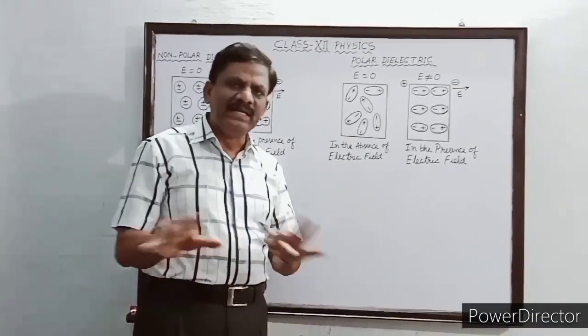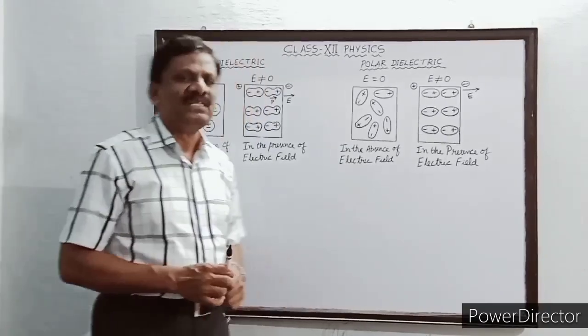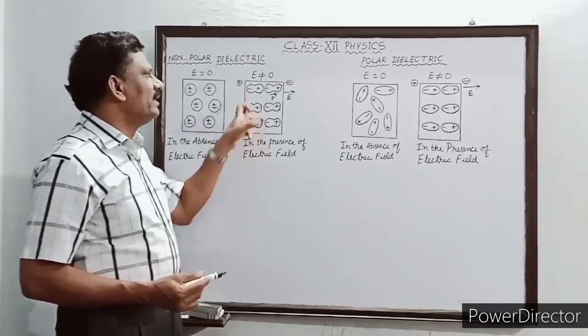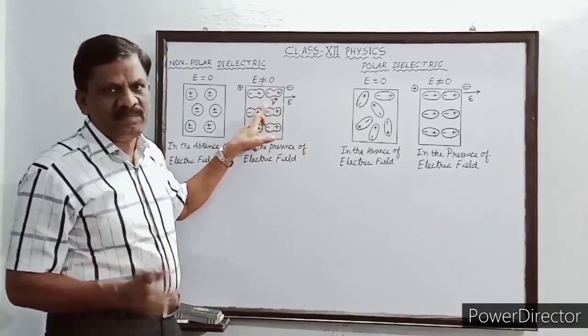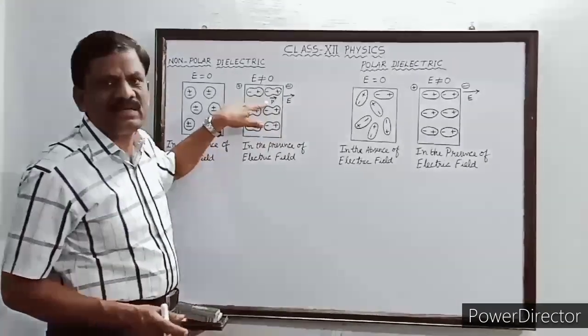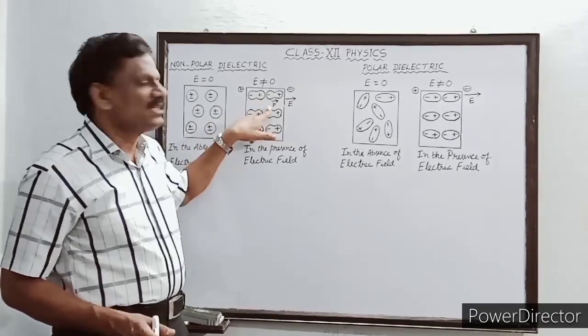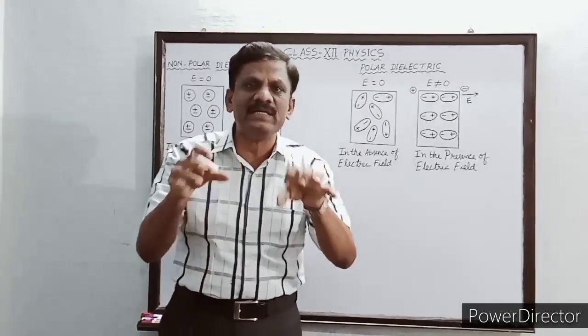As a result, there will be a redistribution of the positive and the negative charge centers, and each and every molecule will acquire an induced dipole moment which is represented by the symbol small p. So small p vector is the induced dipole moment.